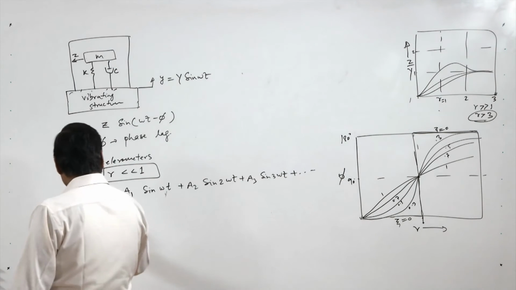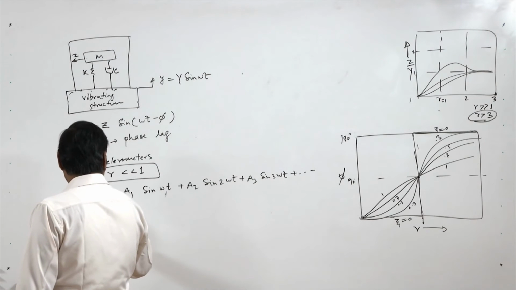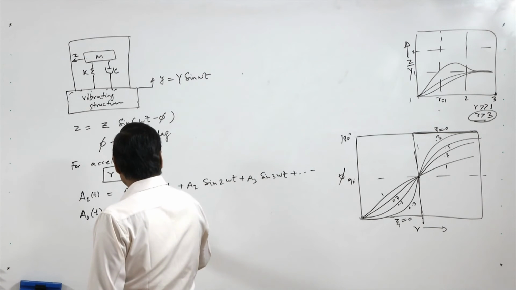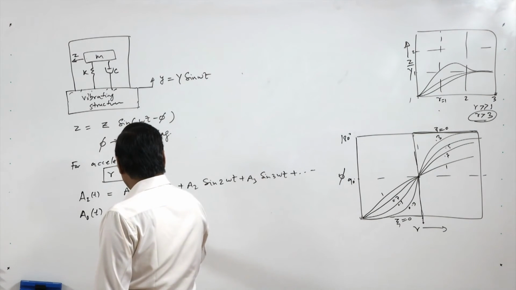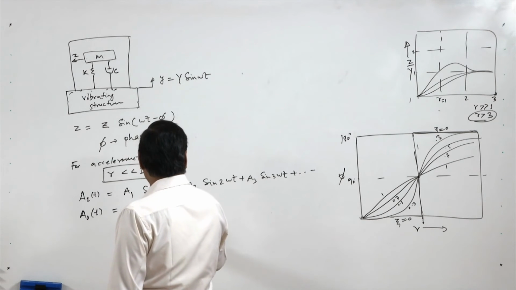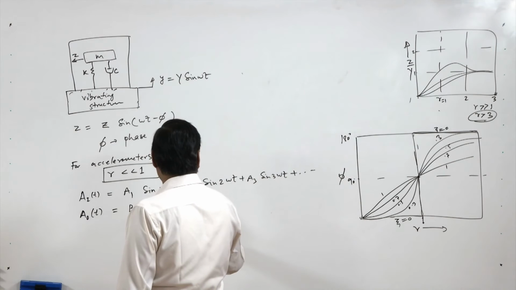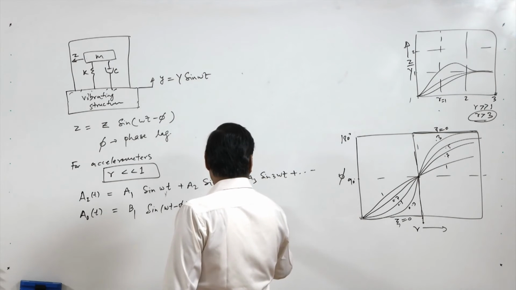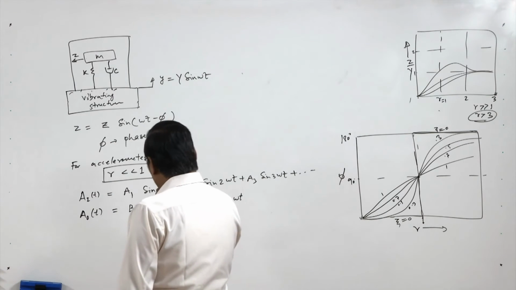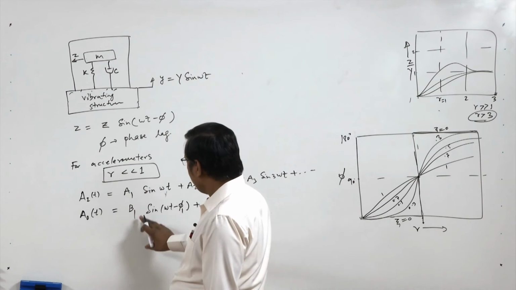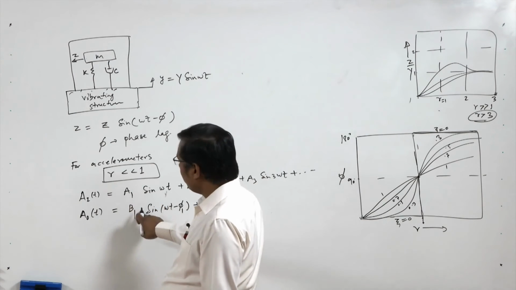Now my output acceleration will have something, let us say B1 sin(omega t minus phi 1) plus B2 sin(2 omega t minus phi 2) plus B3 sin(3 omega t minus phi 3) plus, and so on. Here we assume that we are making our accelerometer such that it follows the amplitude correctly.